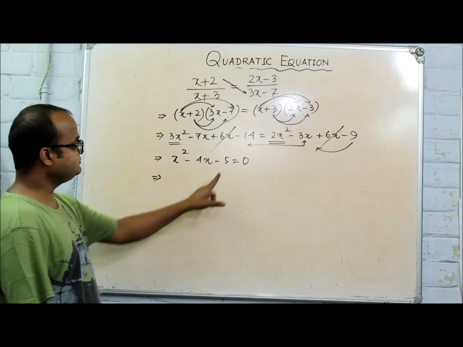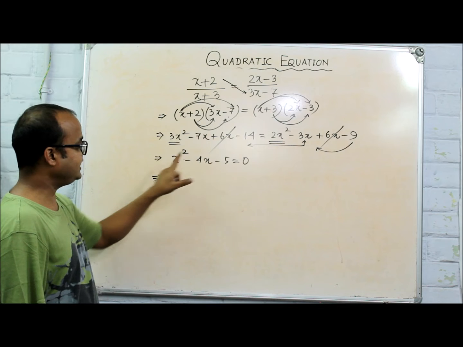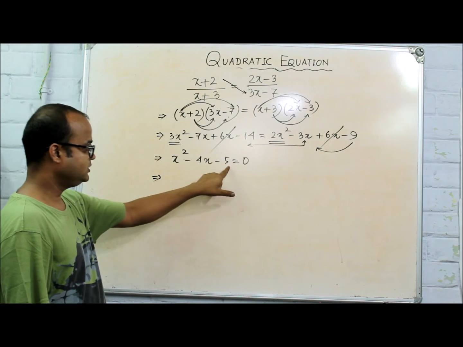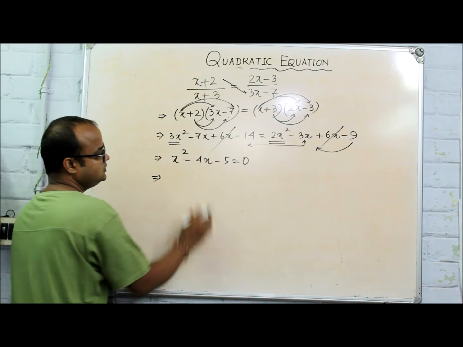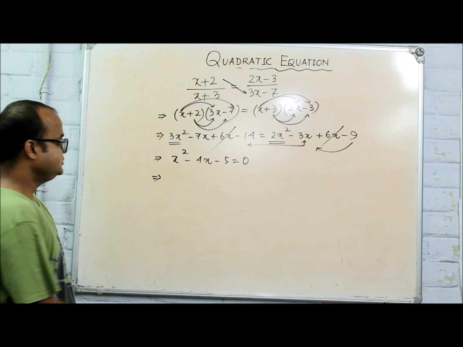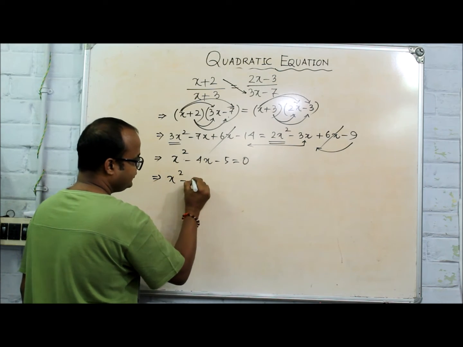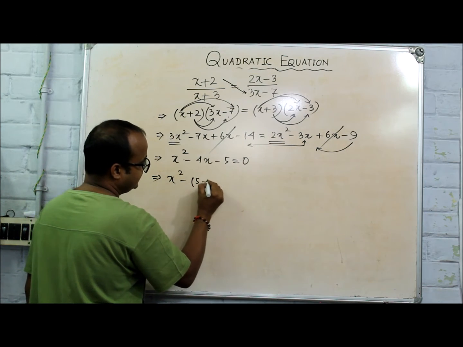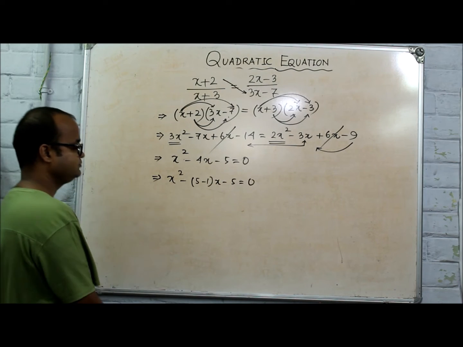We apply the middle term here. 5. Product is 5 into 1. So 5 can be written into two parts, 4 and 1. So x square minus 4x can be written as x square minus 5 plus 1 into x minus 5 is equal to 0.